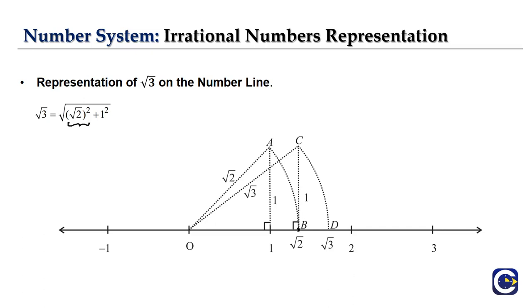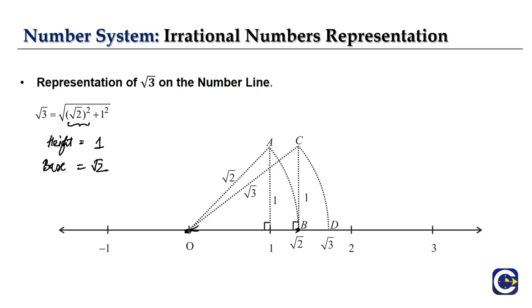Now from point B, we have to drop a perpendicular of 1 unit. So here our height will be equal to 1 unit and our base is equal to root 2 units. This is our whole base root 2 and this is our height. According to Pythagoras theorem, this radius OC is root 3.